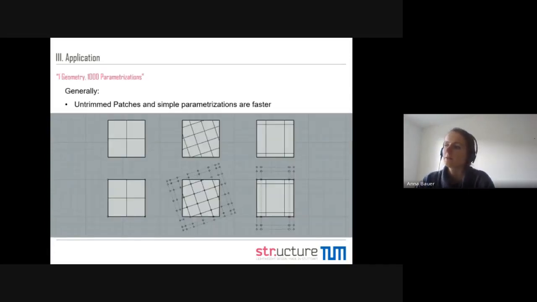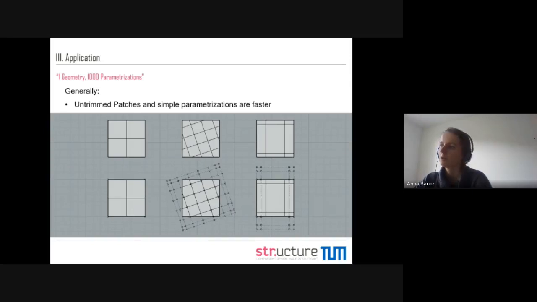And then for one geometry, there are really a lot of possibilities to model it. Especially in Grasshopper, there are tons of possibilities, and everyone has their own preferred methods to generate a certain type of shape. But what you have to keep in mind is that for the analysis, it's usually better to have untrimmed surfaces and an equally distributed parametrization.